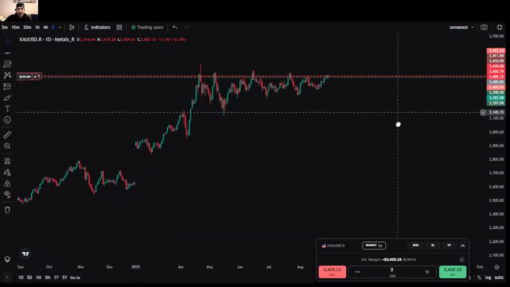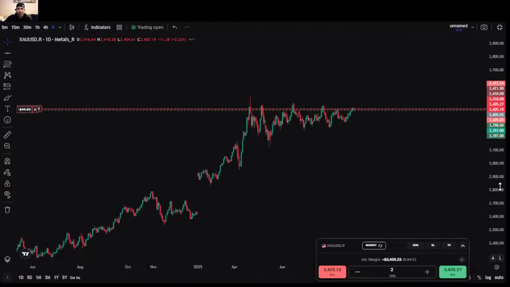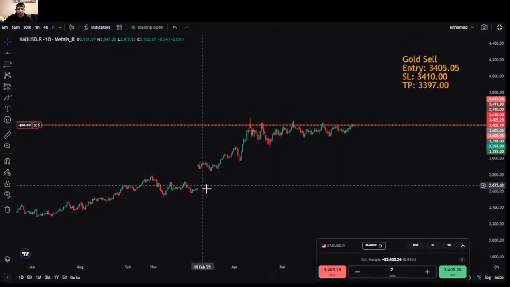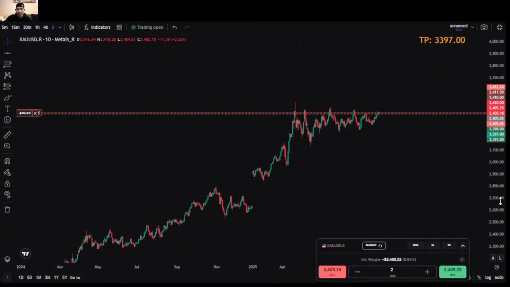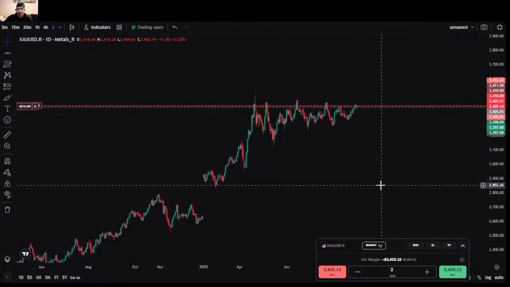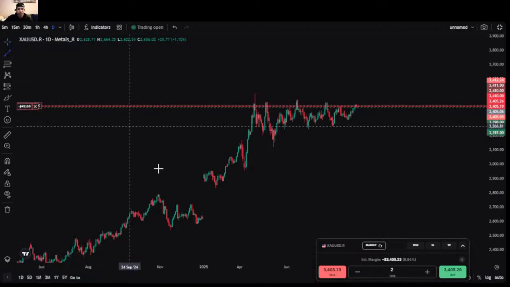On TradeLocker, we got this gap to fill here, but it's not necessarily what I'm trying to point out. Let me see if I can draw this up here.